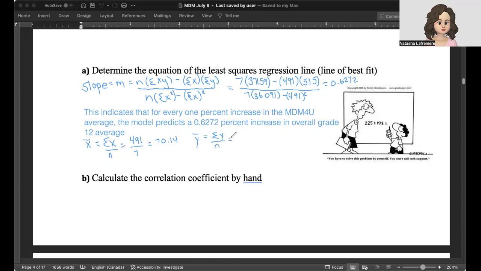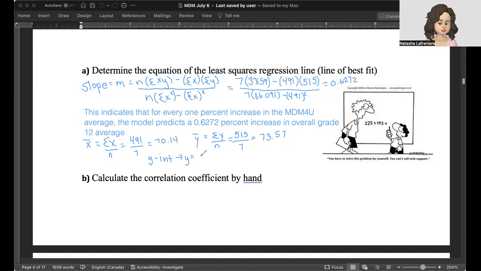you will do the same thing to the sum of y, which is 515 over 7. And if you throw that into the calculator, you have 73.57. Okay. And so your y-intercept, you throw it into the calculator.